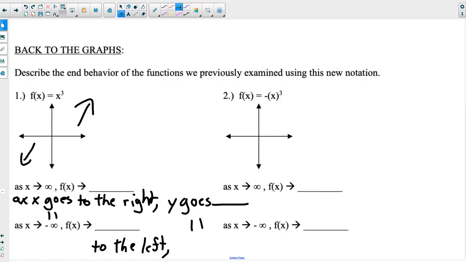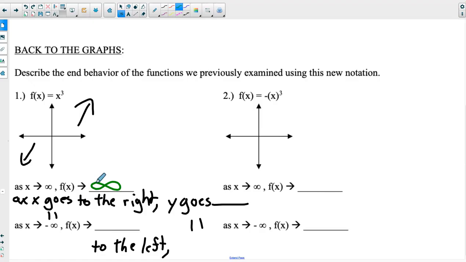And remember, if it's positive, I could draw a line like that. That's positive, right? So positive x cubed. I'm going to get rid of that green line because I don't actually want it there. As I'm going to the right, where is this arrow going? Up. What is up on that graph? Positive infinity. So my answer is just infinity.